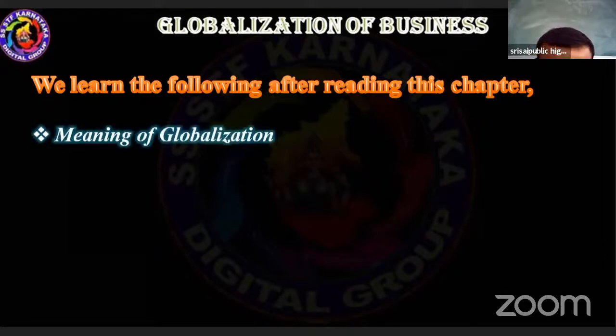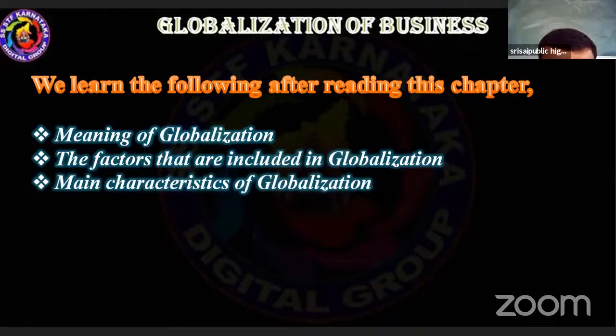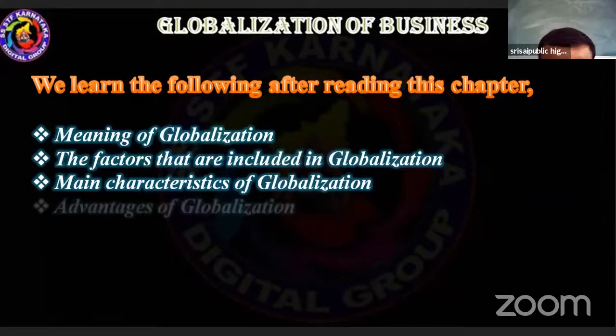Meaning of globalization. You already have a little idea in your mind regarding the meaning of globalization. And the second, the factors that are included in globalization. What factors are there in globalization, that we will understand, regarding its characteristics, merits and demerits, or advantages and disadvantages, and other issues. The third, main characteristics of globalization.